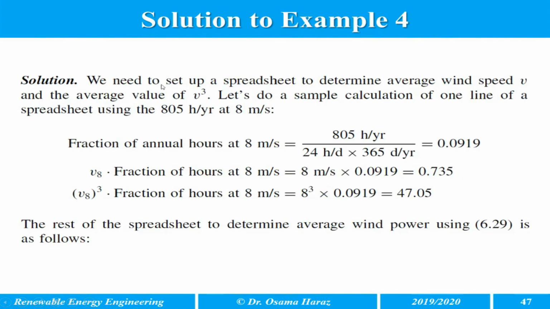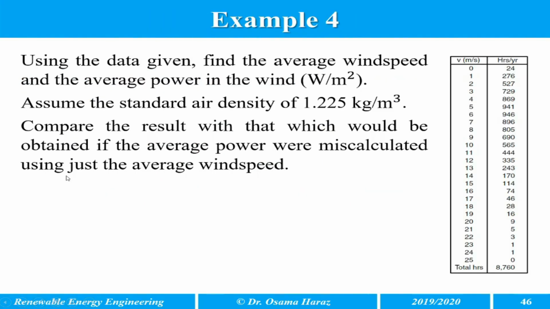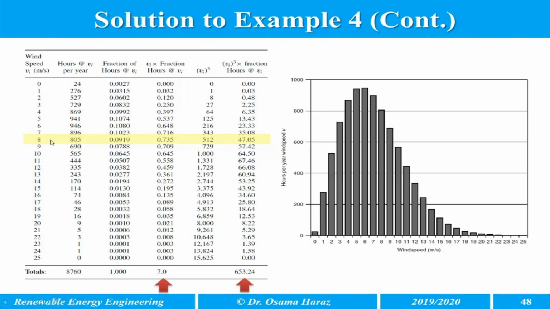So we need to set up a spreadsheet to determine the average wind speed V and the average value of V cubed. Let's do a sample calculation of one line of the spreadsheet, using the 805 hours per year at 8 meters per second.